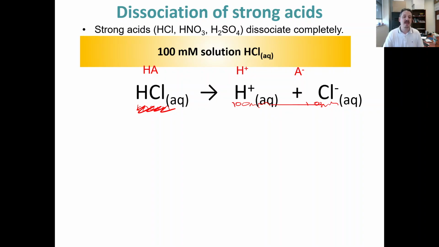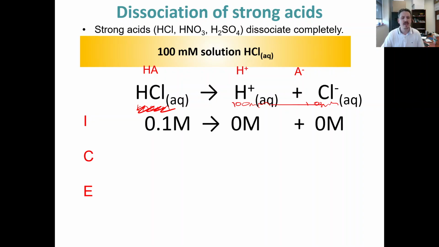So let's make an ICE table. Normally you would do ICE tables with equilibria, but it doesn't really matter too much because this is kind of like an equilibrium, just it goes to 100%. The K value is just a billion. But we can still use it. Initial, change, equilibrium, or sometimes I'll just say end because of what we end up with.